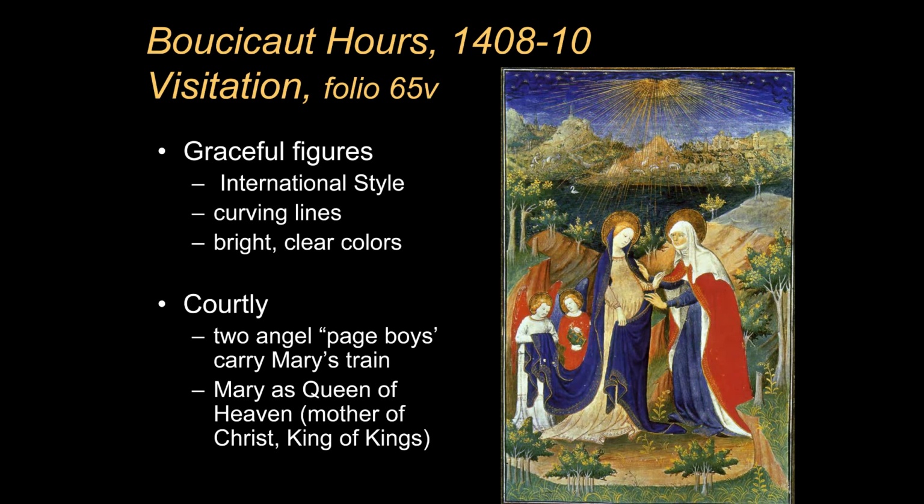But we must remember that Mary was the Queen of Heaven because she was what we would call the Dowager Queen. She's the mother of the King. And she's the mother of Christ, who is King of Kings. So very often in painting, you will see references to Mary as Queen of Heaven.